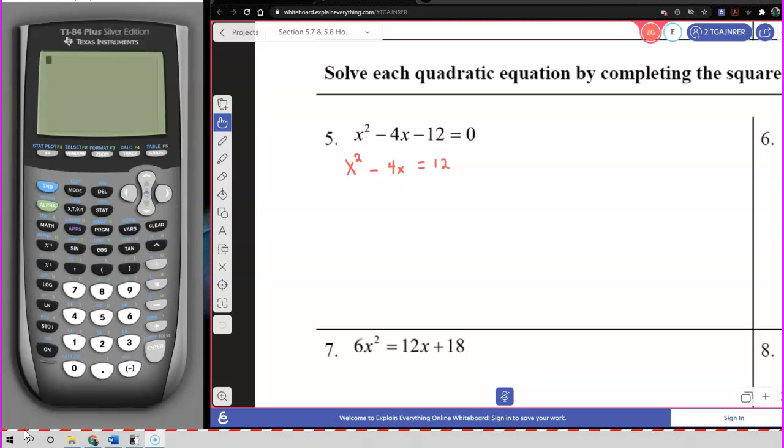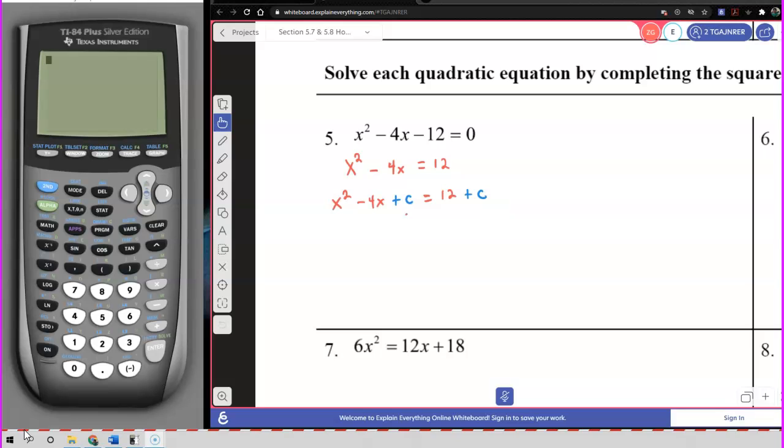So you have to complete the square. So you have x squared minus 4x plus c. And if you add c to the left side, then you have to add c to the right side. And I'm going to show you how to find c.